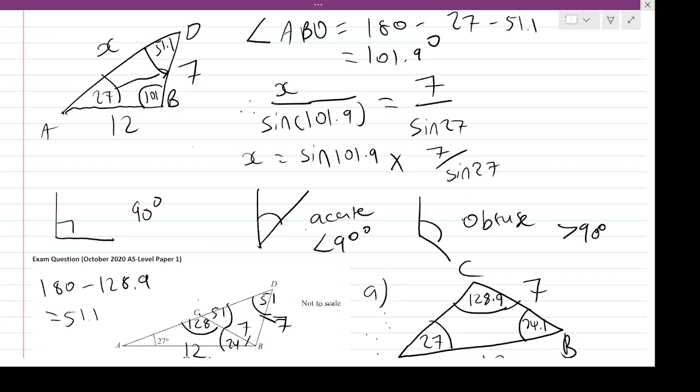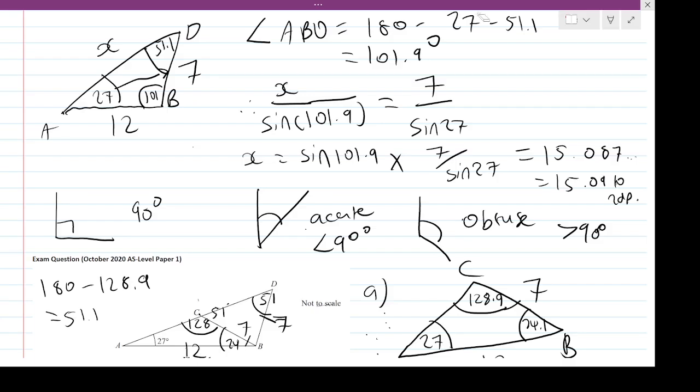If I do that on a calculator, sine 101.9 times 7 over sine 27, I get 15.087..., which is 15.09 to 2 decimal places. So then I know what AD is as well.